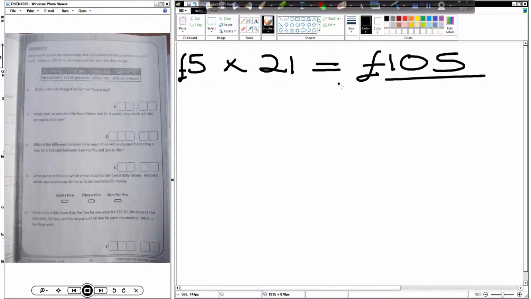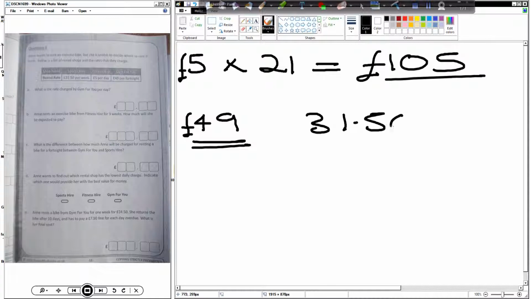Next question, part C. What is the difference between how much Anne would be charged for renting a bike for a fortnight between Gym for You and Sports Hire? Well, Gym for You, the price is right there. Gym for You for a fortnight, the price is £49. And the Sports Hire is £31.50 a week. How many weeks in a fortnight? 2.